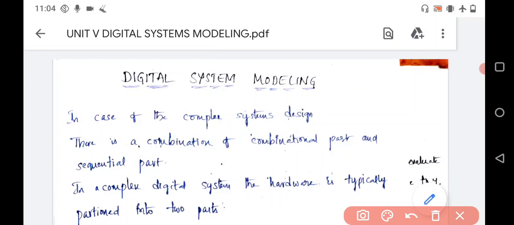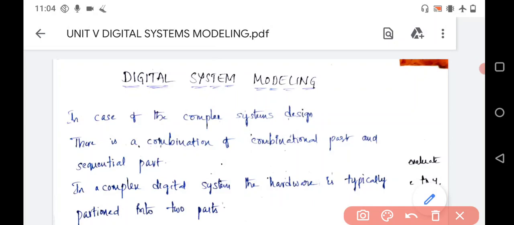Combinational circuits produce the output based on the input signal, without depending on the previous data. Here previous data means past history, which depends on the previous output values. So that is simply a combinational circuit.